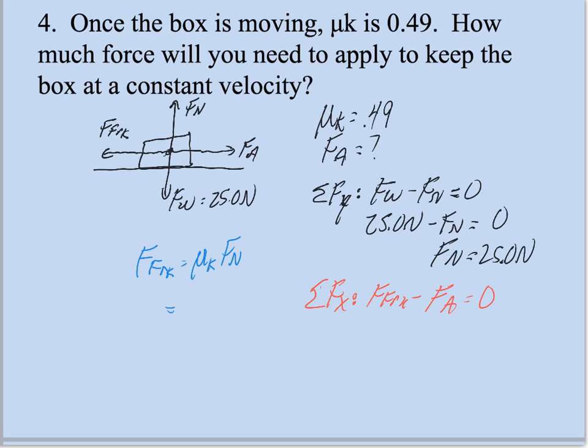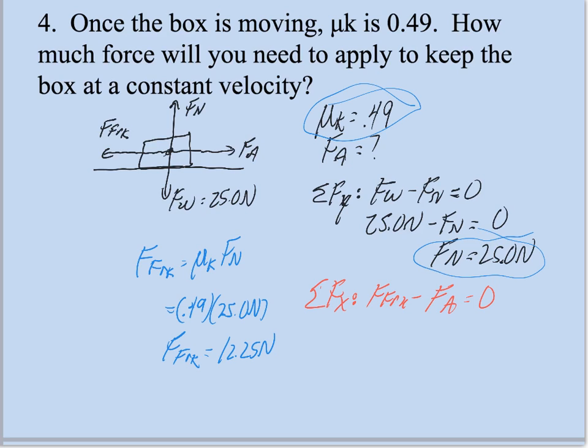And that means that if we knew mu k, and we know mu k is right there, 0.49, and we knew the normal force is right there, 25 newtons, that we could figure out what the kinetic friction force is. So the kinetic friction force would be 12.25 newtons.